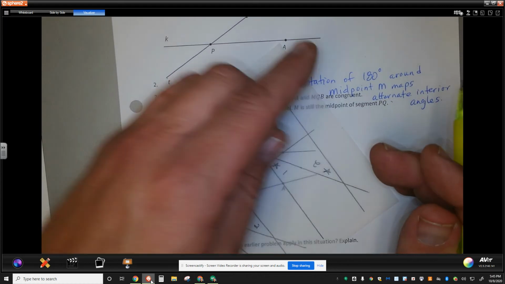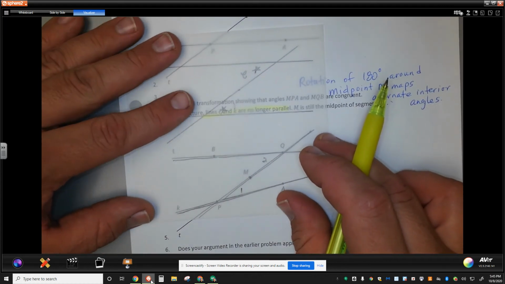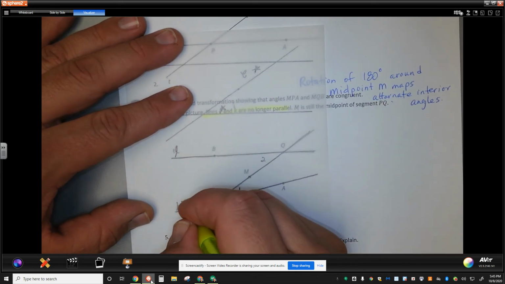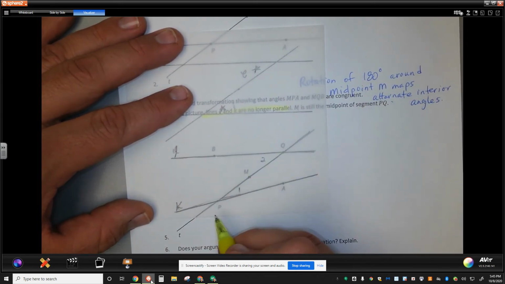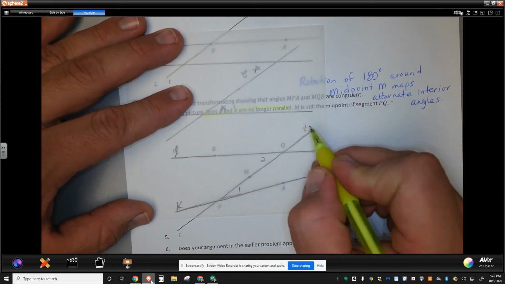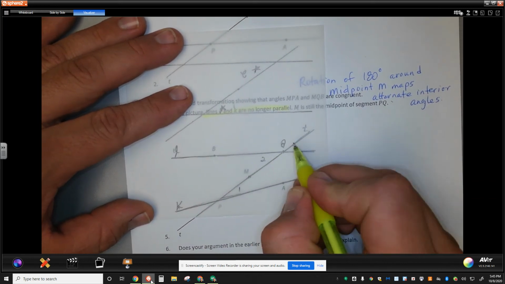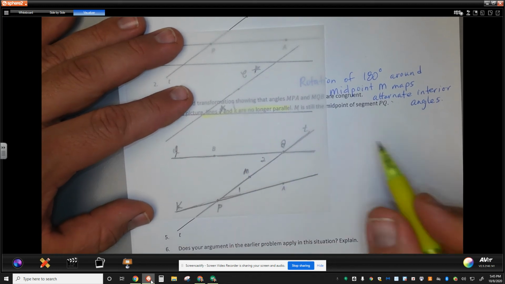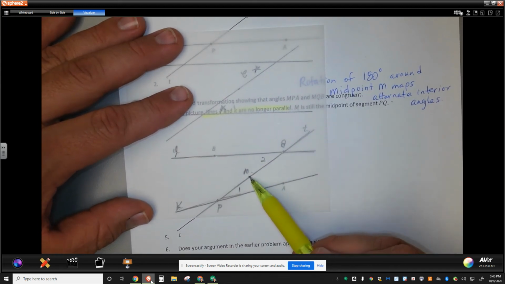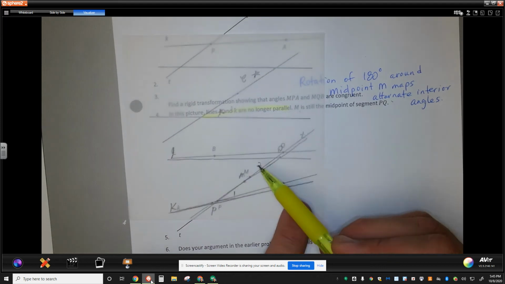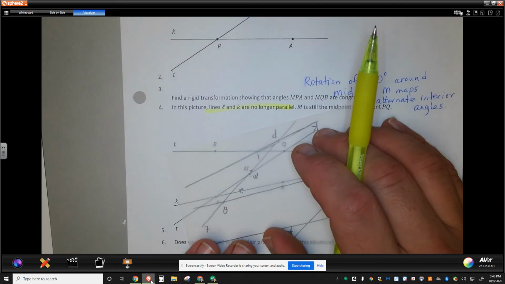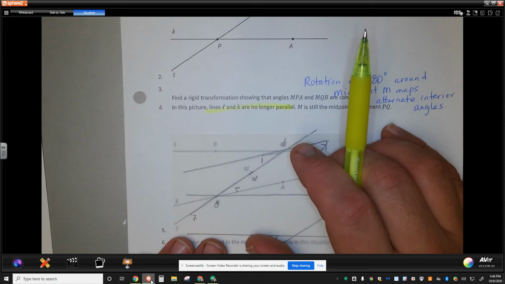Let's see that again, but this time I'm going to do this with labels. So here's line L, here's line K, and here's transversal T. I'll put point Q here, I'll put point P here, so you can see that they're trading spots and point M remains. So here we go again, 180 degrees around midpoint M, changing places of the segment.